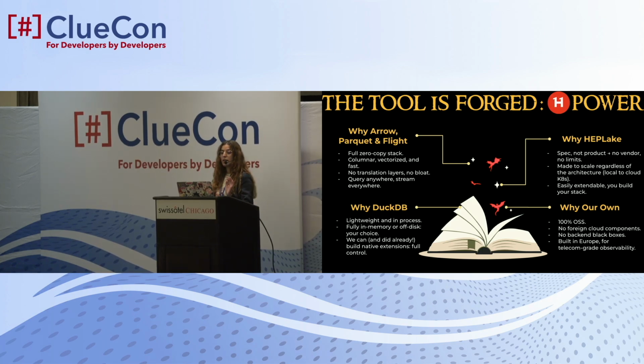In terms of data lakes, we created our own as well, App Lake. Why? Because we wanted something tailored for telecom observability, which means writing once, reading many times, either locally or in the cloud. Also, the fact that we produced our own data lake means that basically, we can develop specific features that we believe will benefit you on the troubleshooting.